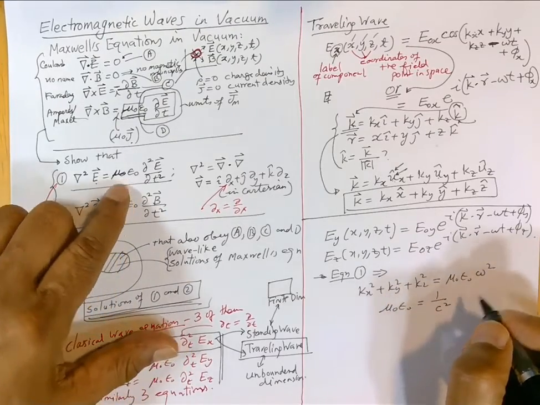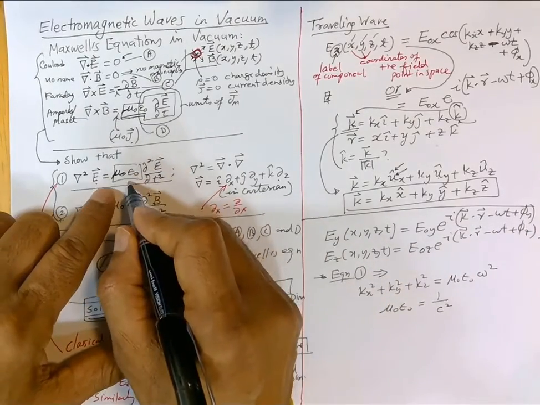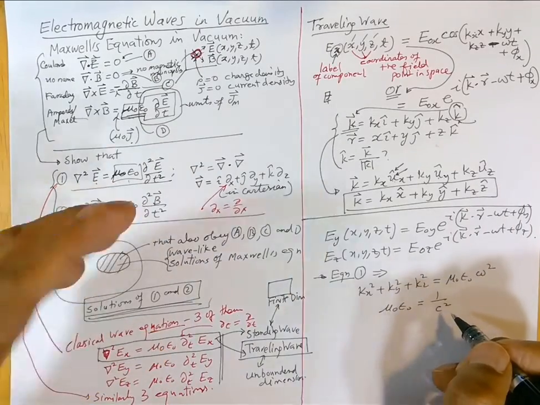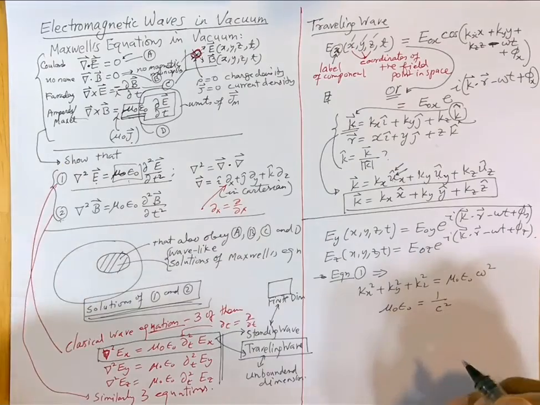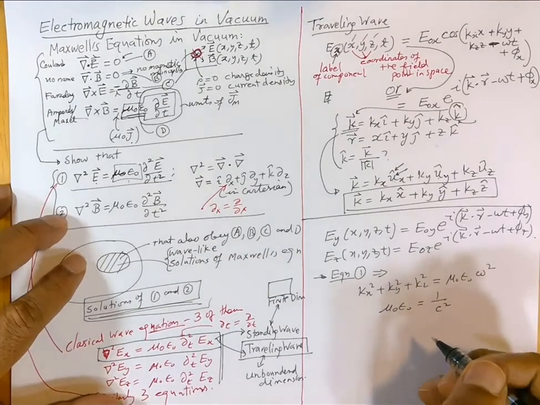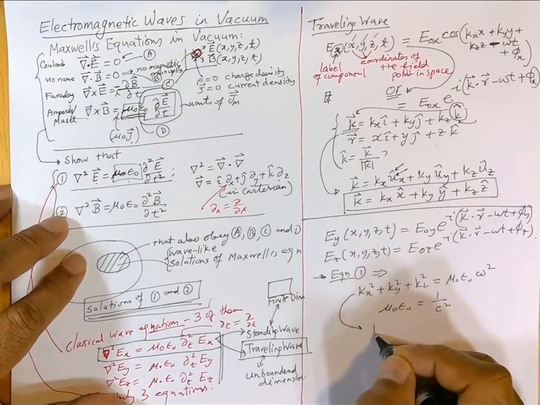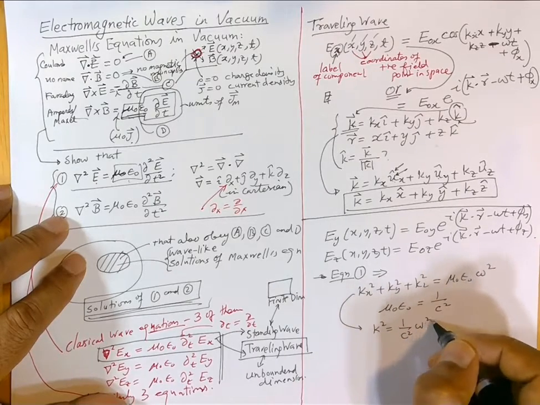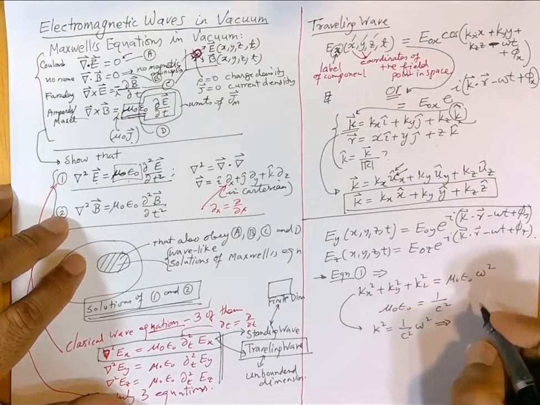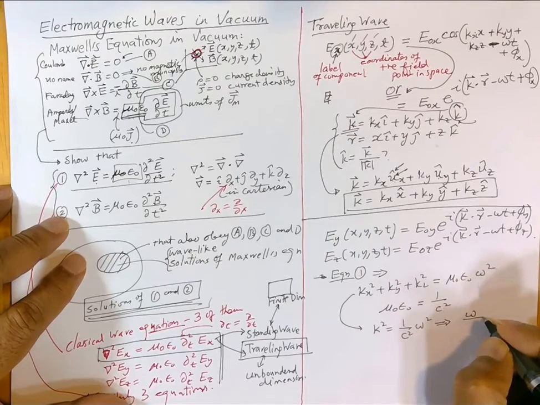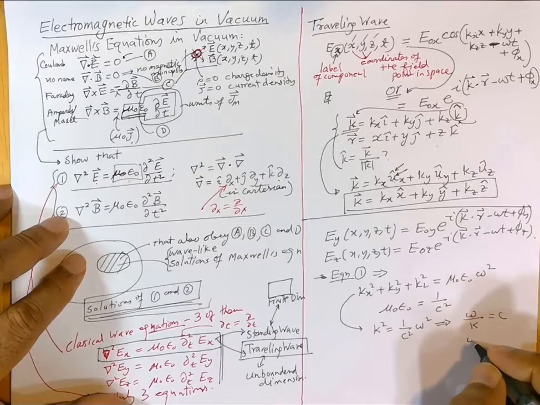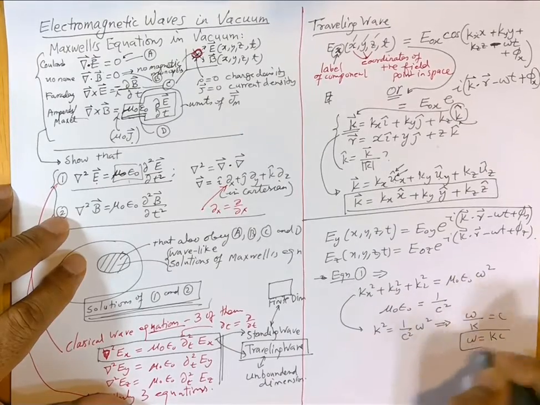So it's just whatever the speed, you can see that this is the speed of this wave. So I can actually use this, because I'm talking about light, in anticipation of what it will be, I'll just use the letter c. So you can say I got k squared equals 1 over c squared omega squared, which will mean omega over k is c, or omega equals k times c.